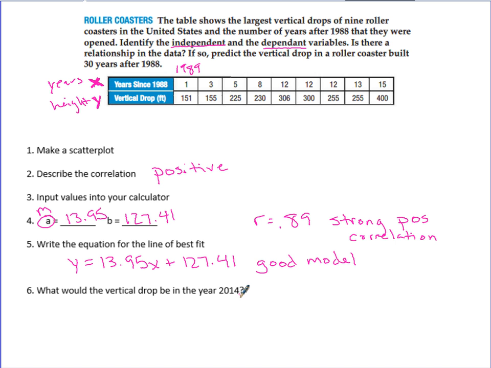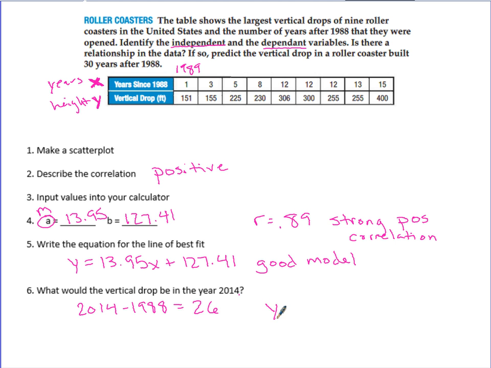So 2014, how many years after 1988 would that be? I've got to do some subtraction first. 2014 minus 1988 is 26. So I want to know what the vertical drop would be 26 years after 1988. Because years are my x, my independent variable, I'm just going to plug it into this equation.